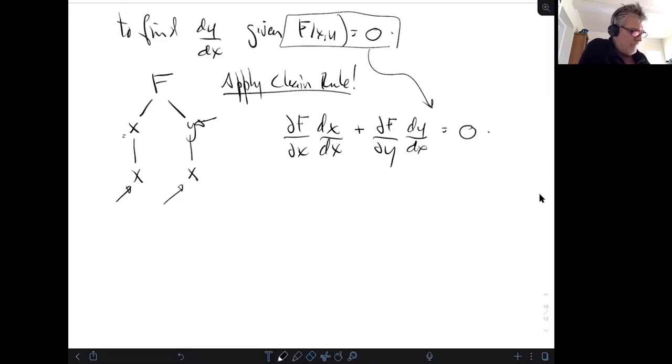So I'm taking the derivative of both sides with respect to x, that x, the little x here.